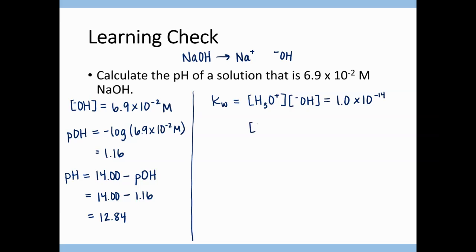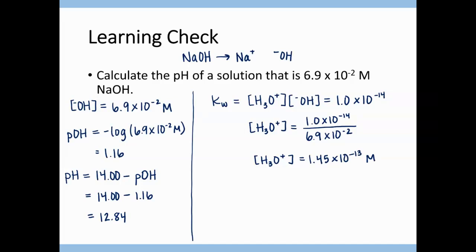So H3O plus concentration is Kw divided by OH minus concentration, which in this problem is 6.9 times 10 to the negative 2. So concentration of H3O plus, simplifying that fraction, is 1.45 times 10 to the negative 13 molar.